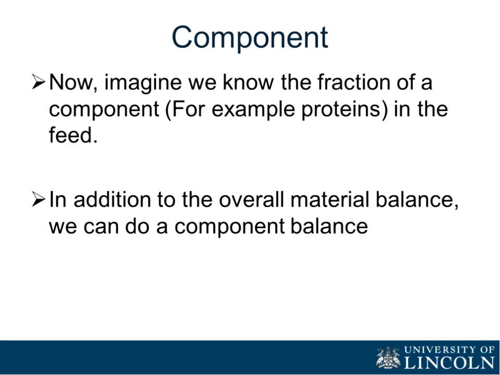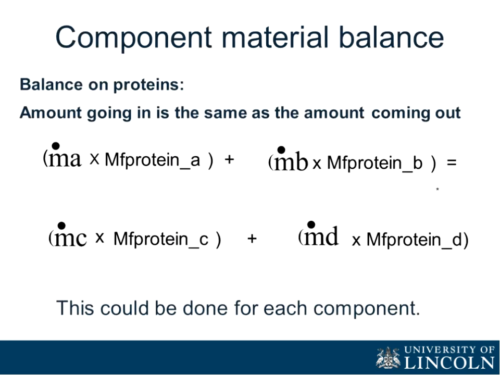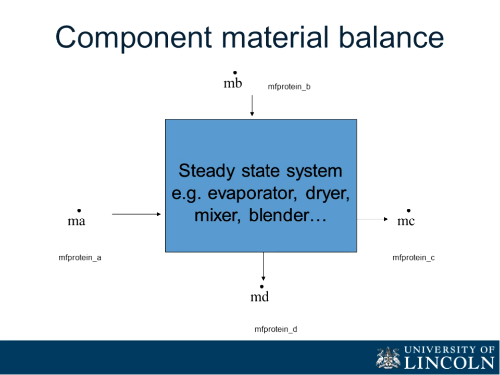I think the best way of addressing questions such as this is to have an example. Let's look at an example. Now here we have the component of protein in A, in B, in C, and in D. If there's no loss of mass, what comes in is what comes out. A and B are going in, and C and D are coming out.